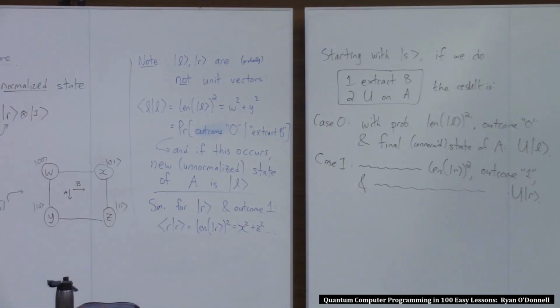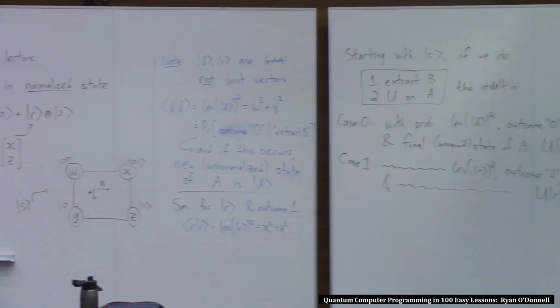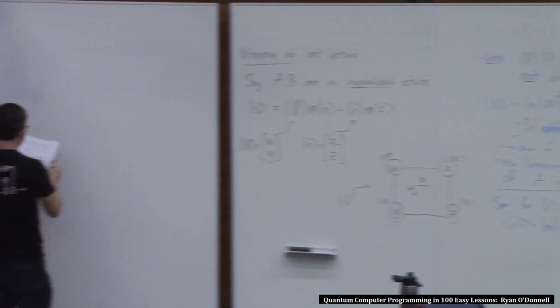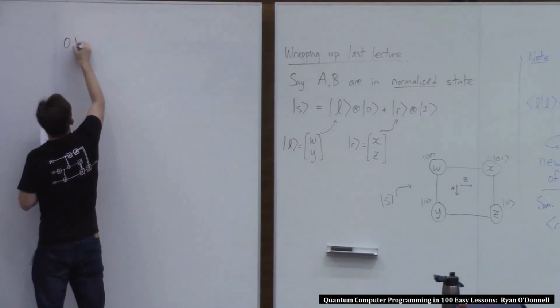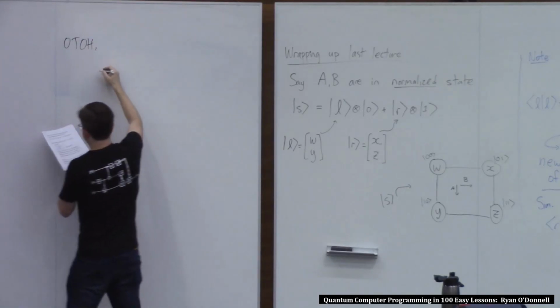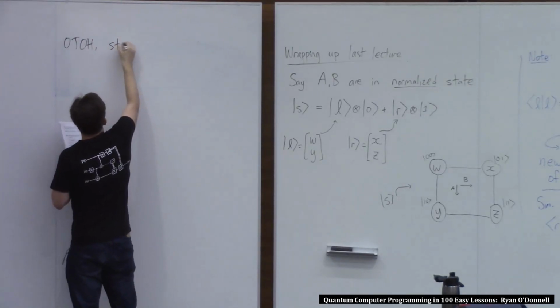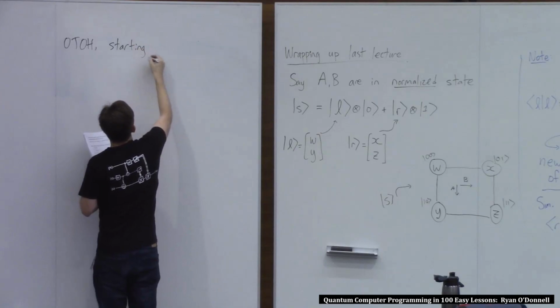Okay, you might think, okay, that's a fine calculation. But I bring it up because I want to now also illustrate for you what would happen if you did these 2 operations in the other order. So I'm literally going to analyze the exact same code, but with opposite order. So, on the other hand, say we start from this 2 qubit state S again.